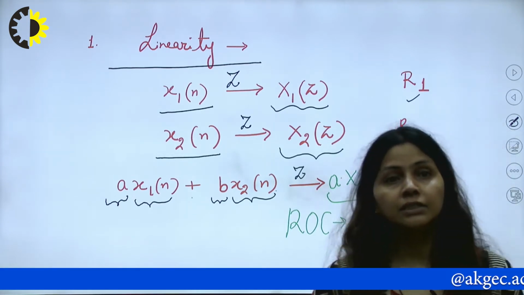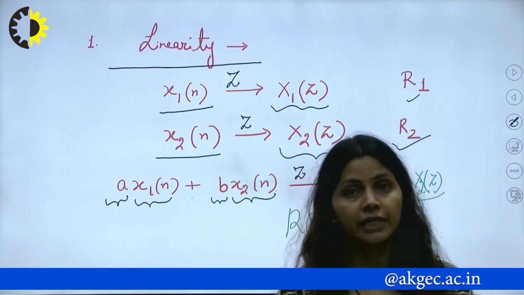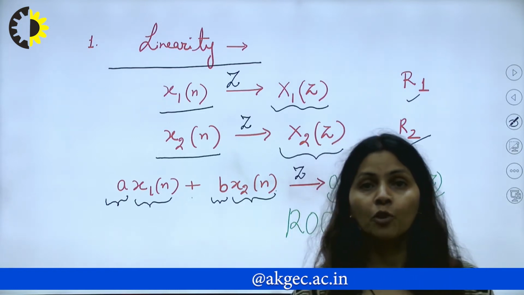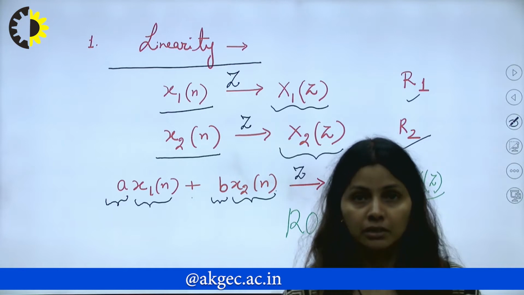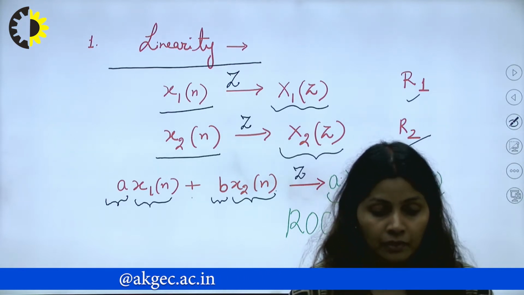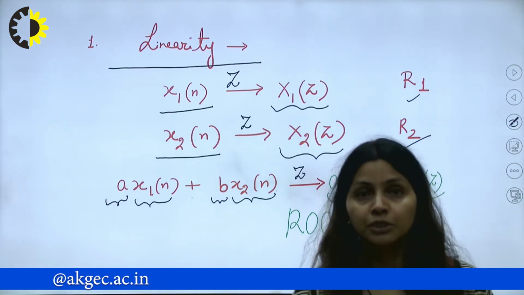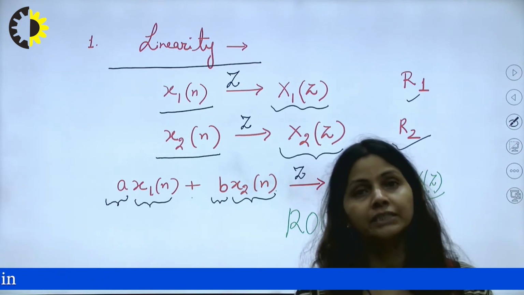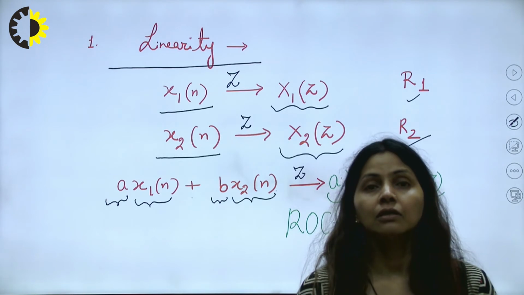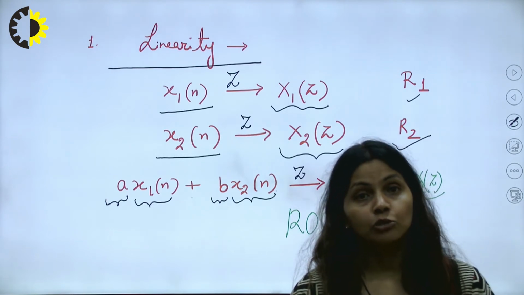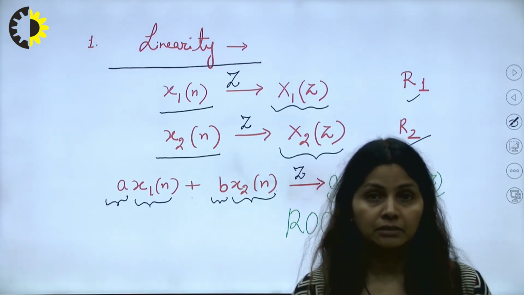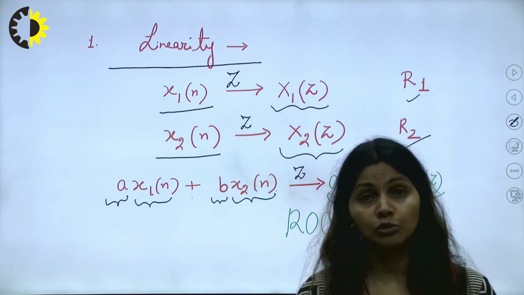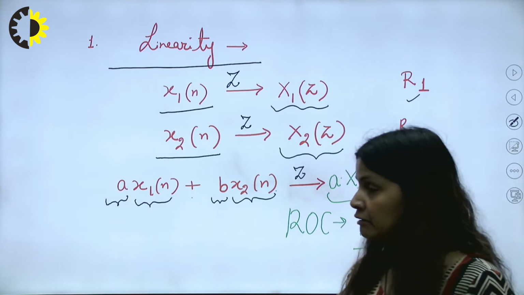This is the ROC for which the linearity property is well suited. There may be exceptions when any pole gets cancelled out, so the ROC may expand in that case, as we have seen in the Laplace transform properties also.